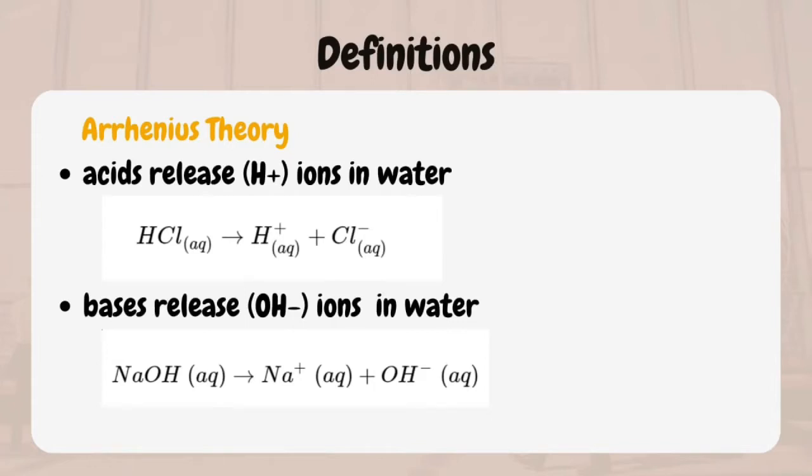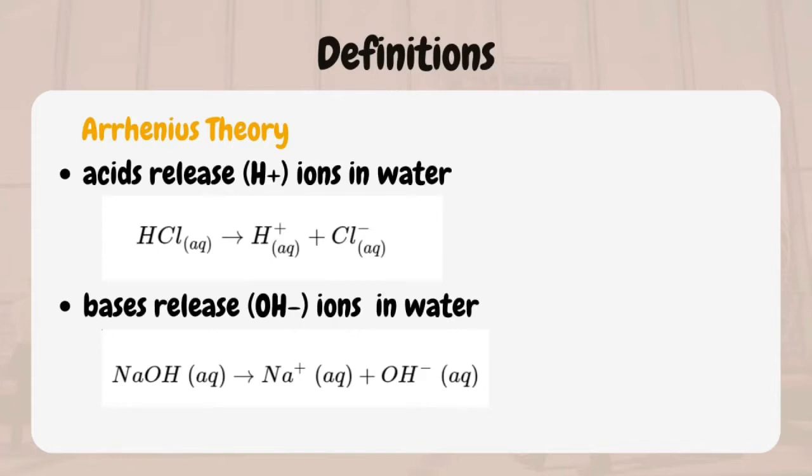This process is represented in a chemical equation like the picture below. In this reaction, hydrochloric acid or HCl dissociates completely into hydrogen H+ and chloride Cl- ions when dissolved in water, thereby releasing H+ ions into solution.